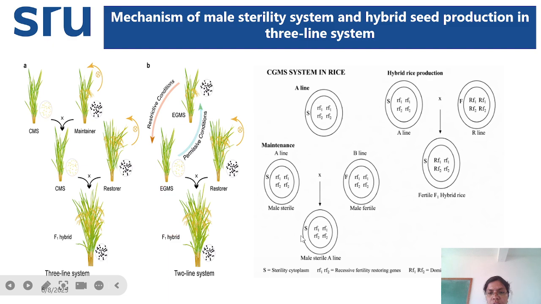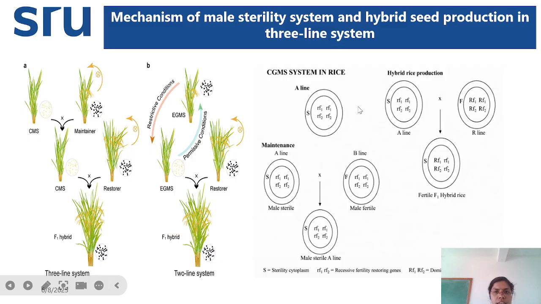Next, for the hybrid seed production, we have to cross this male sterile A line with the R line. Here the R line is nothing but the restorer line, which is used to restore the fertility of the A line. So the cytoplasm is fertile in case of R line, and automatically we'll get the fertile F1 hybrid. So this is about the CGMS system which is used in the rice.